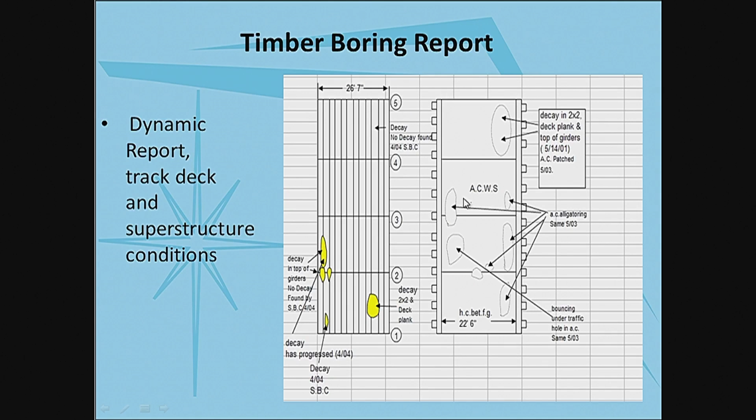If you have an asphalt wearing surface over a timber slab or over a timber deck, then if you have alligatoring of the asphalt wearing surface, that's a good indication that you have decay in your 2x2s. And so basically you'll have to pull up that asphalt and replace those members. So your timber deck could have some decay in it, shown by signs of aging in your asphalt wearing surface.